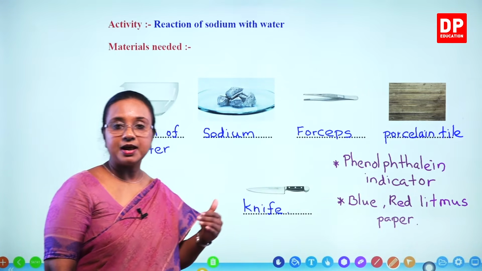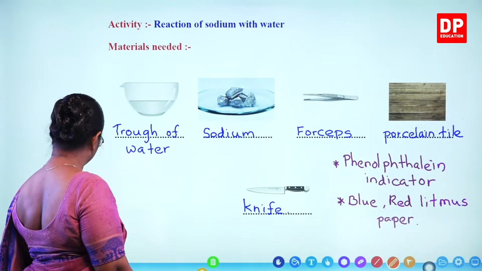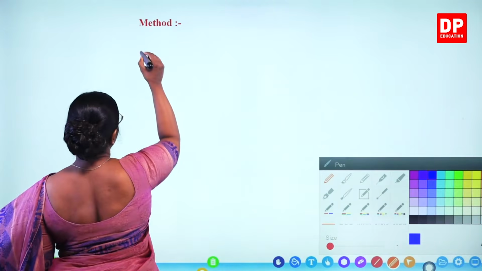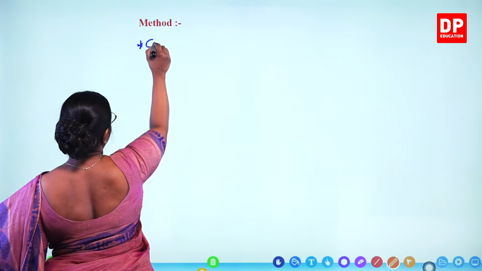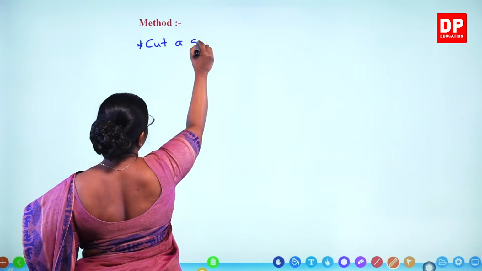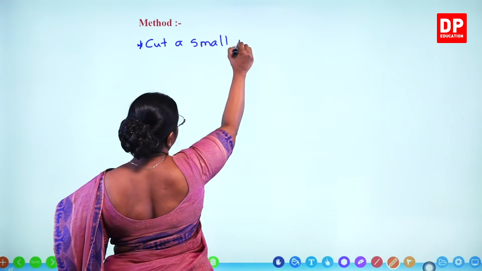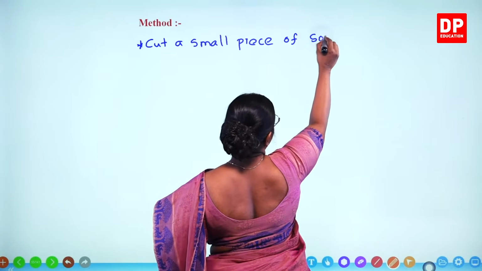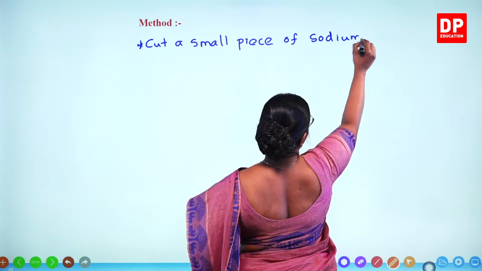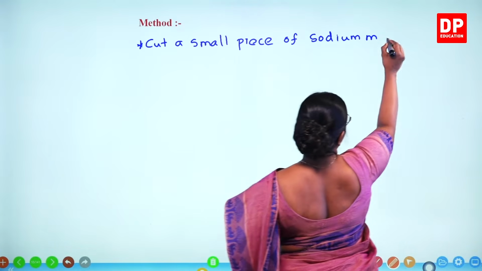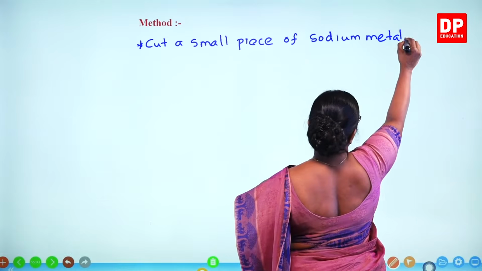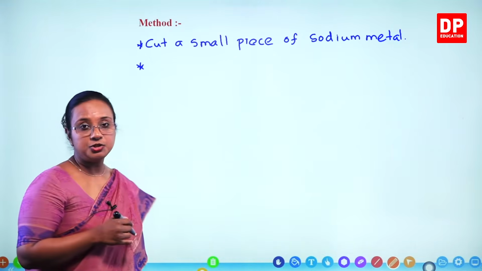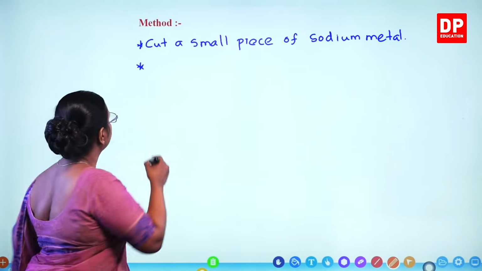Now I will summarize the method again for you all. So under method, we have to cut a small piece of sodium metal and then we put it into a trough containing water.